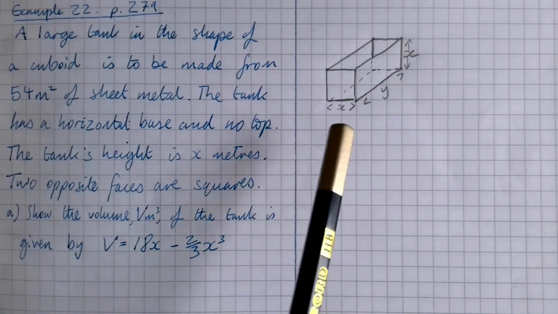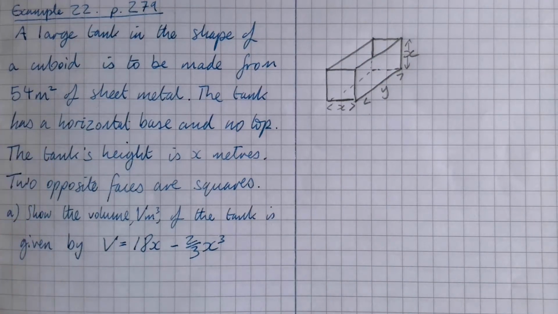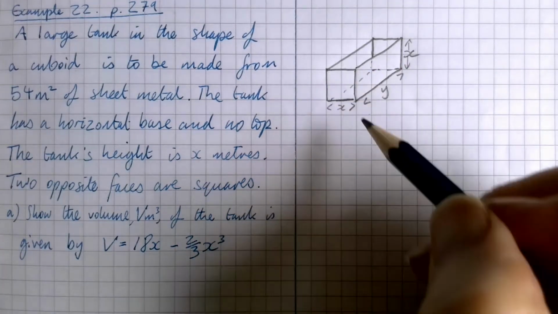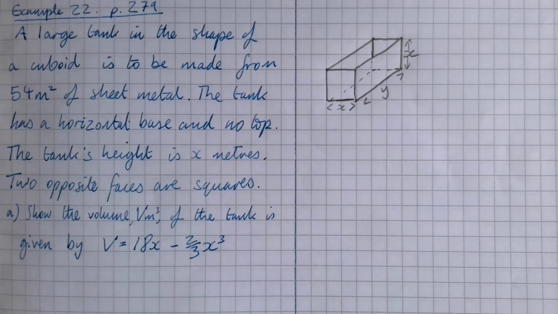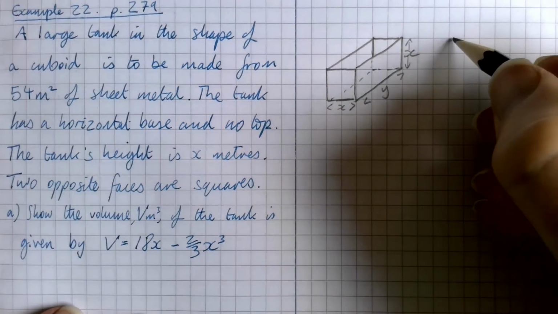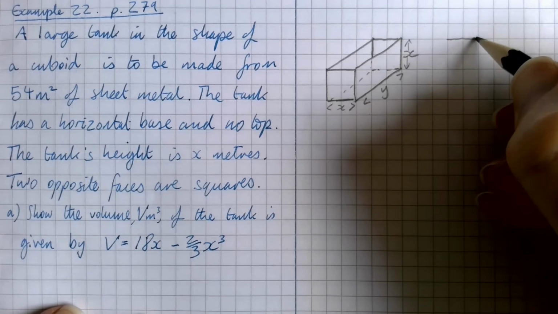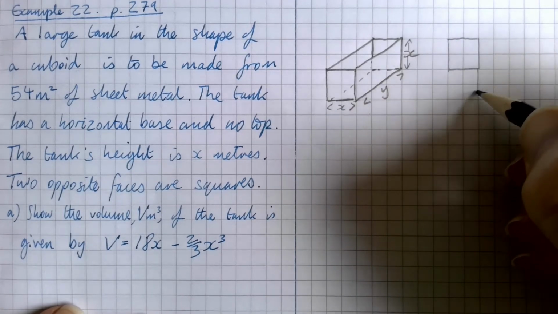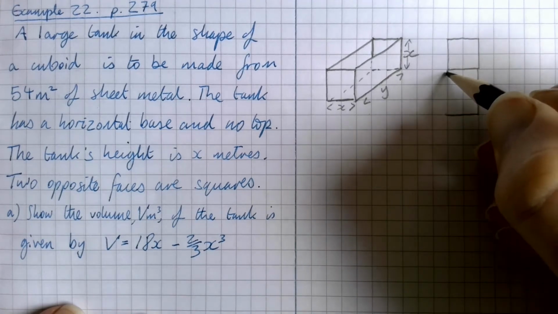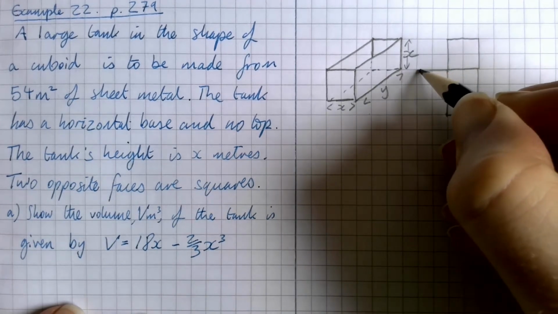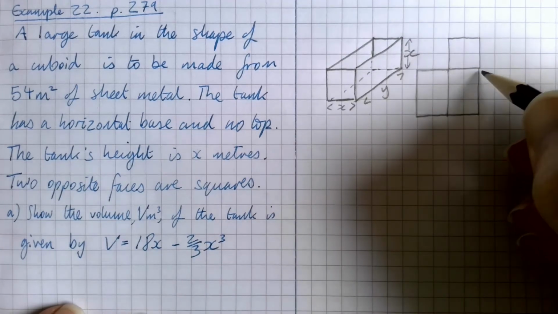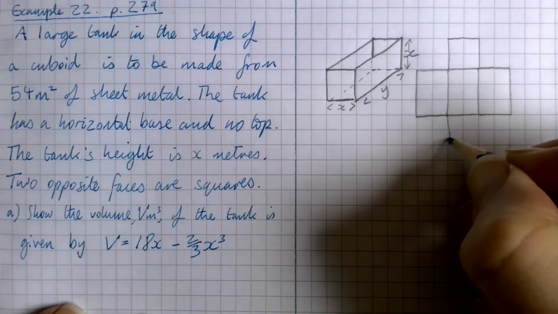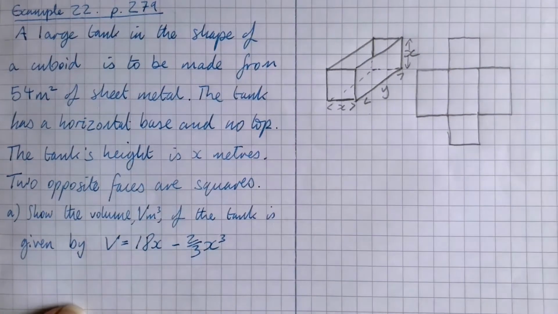And if I did know what all of that was, how would I work out the surface area that I've got? Well, I've got 5 different sides to my cuboid, and just to make it even easier to think about, I might draw the net of it. So if that's one end, that's the bottom. I would then have one side there, and there's my other square end.